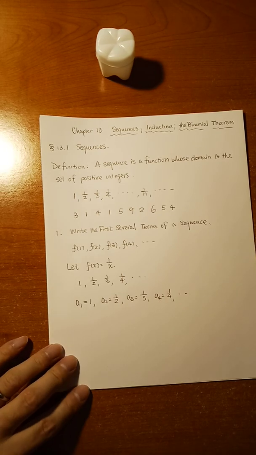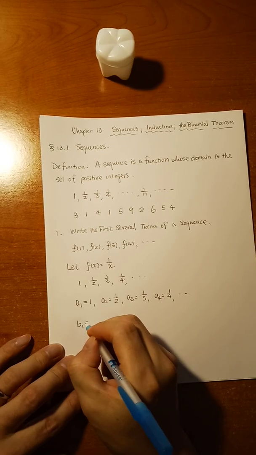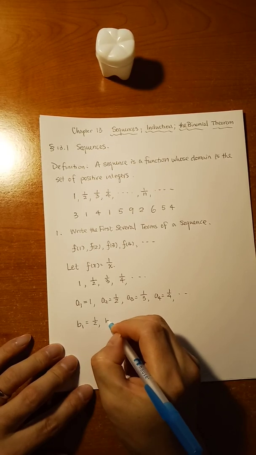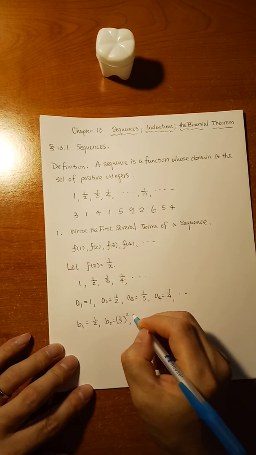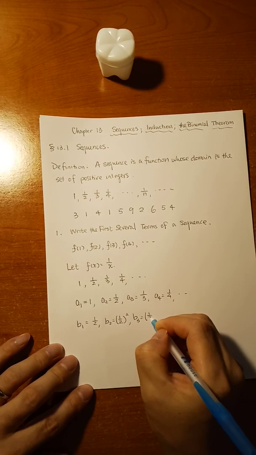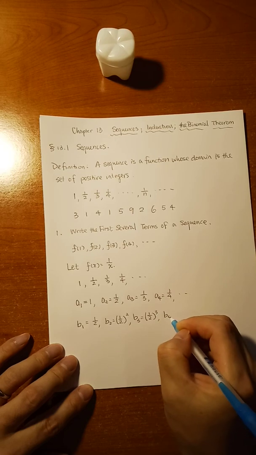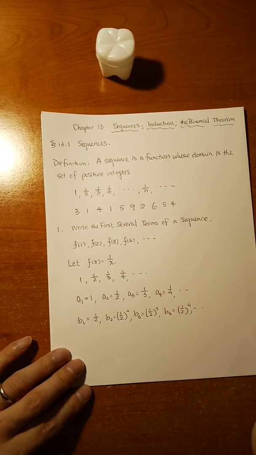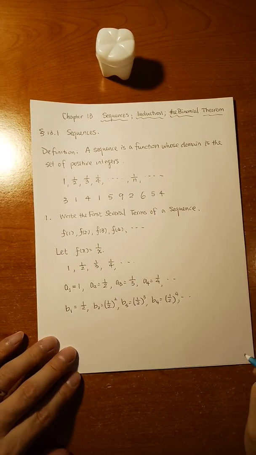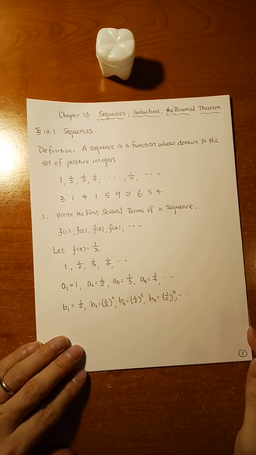So we can also write b sub 1 as 1/2, b sub 2 as 1/2 squared, b sub 3 as 1/2 cubed, and b sub 4 as 1/2 to the 4th power. Okay, so this is the power sequence.